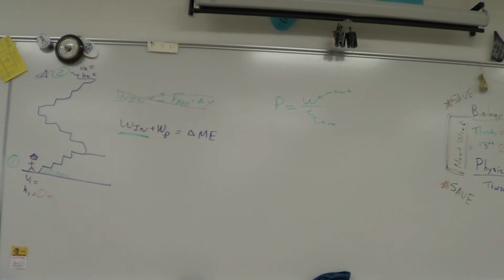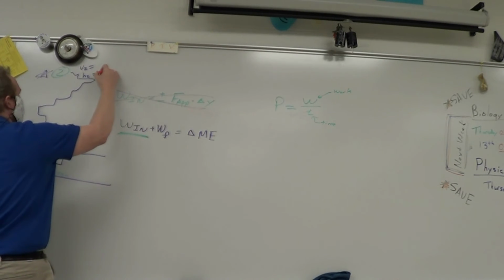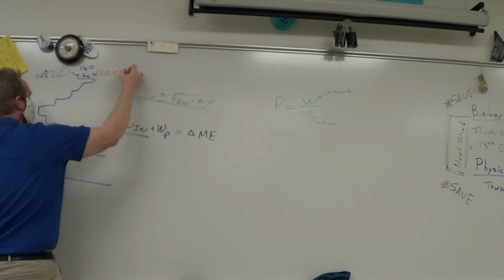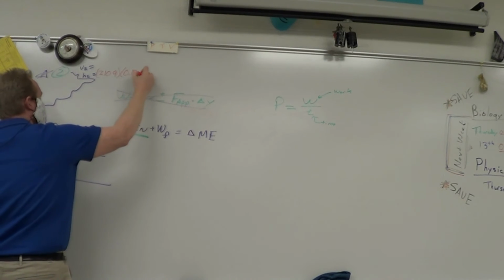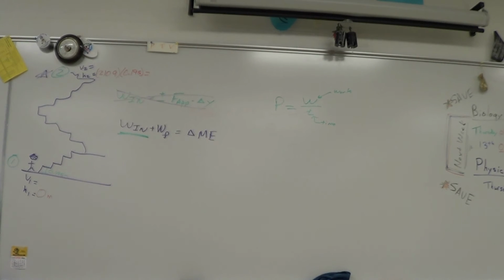So if you know the height of one, and assuming that all the steps are uniform in height, I can take the number of steps, 2,109, and multiply by the height of one stair, and that will get us the total height that Matthias climbed. 2,109 times 0.195.